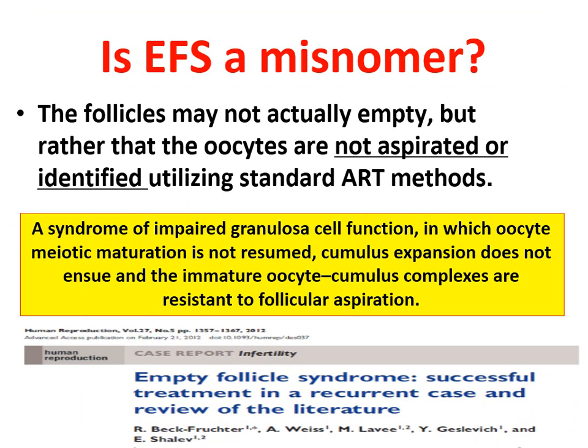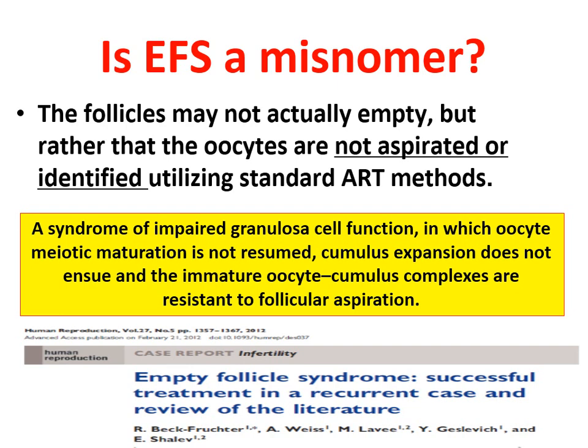Some authors mention that there is nothing called empty follicle syndrome. Why is there no empty follicle syndrome? Because it seems illogical that a patient has a follicle and this follicle is empty. Any follicle should contain the oocyte cumulus complex.